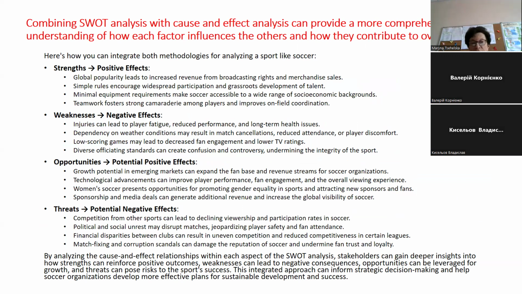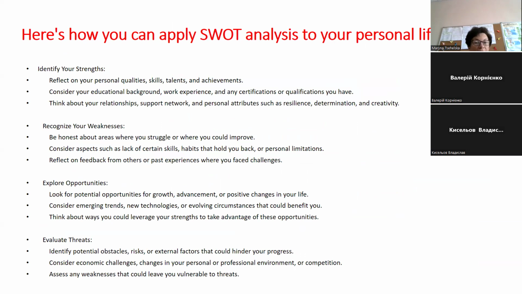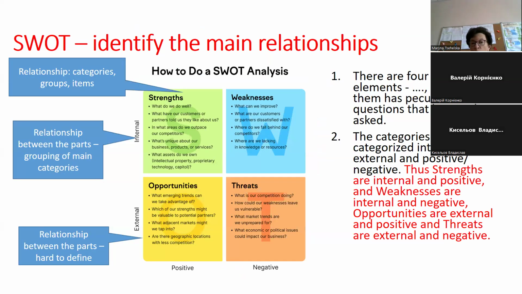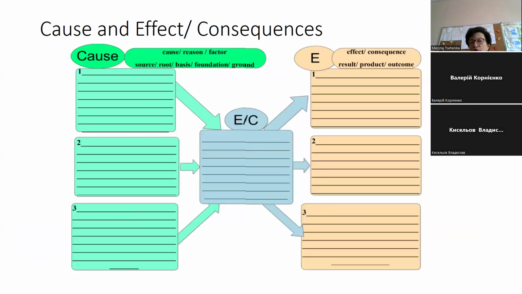When you are talking about different kinds of sports, you can apply it to any type of business. And again, please be sure that you are not only talking about this SWOT analysis, you are not only thinking about the main elements, but also you add the causes and the effects of strengths, opportunities, weaknesses, and threats. And that is how your speech, how what you talk about, becomes much more academic and sounds much better. So thank you for this.